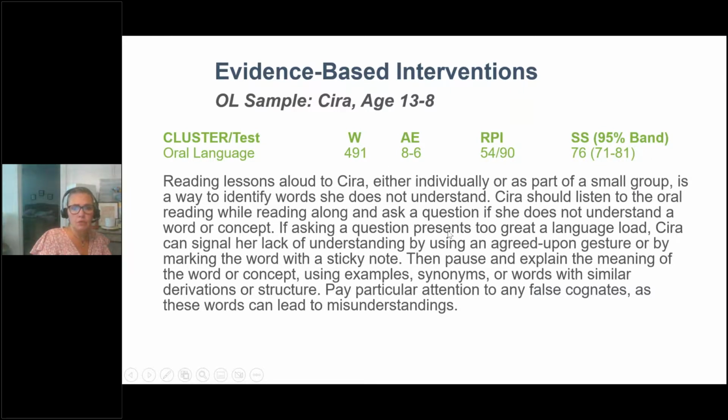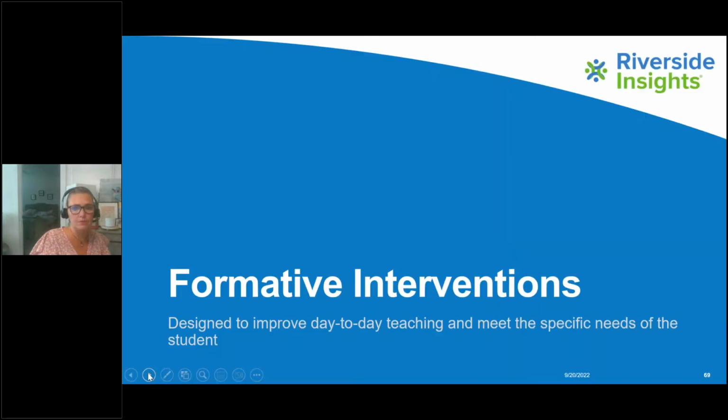And so this particular evidence-based intervention popped up as an option. Reading lessons aloud to Sierra, either individually or as part of a small group, is a way to identify words she does not understand. So then it goes through again to give you more in-depth guidance as to what the teacher can do to help Sierra with her oral language skills.